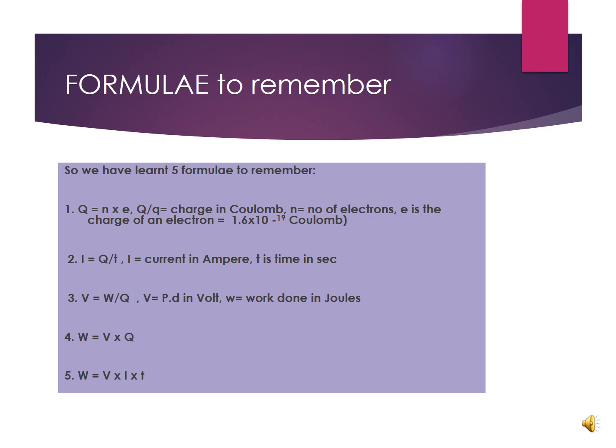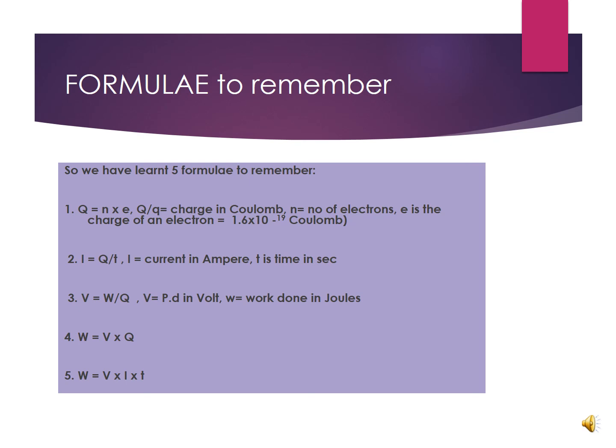Now let's recapitulate. What are the formulas we have learned so far? We have learned 4 formulae. Number 1, Q is equal to NE, where capital Q, sometimes denoted by small q, is the charge in coulomb. Remember, it has to be in coulomb.